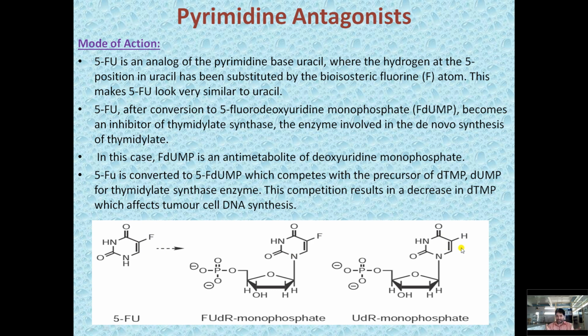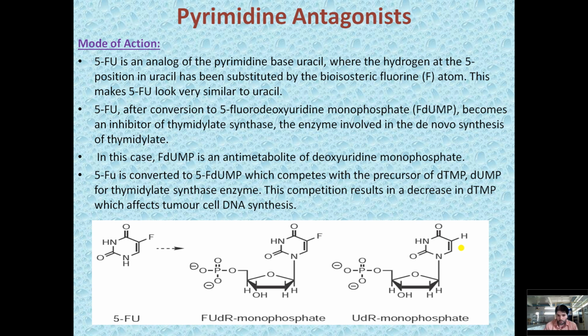So, this is the basic difference between 5-fluorouracil and uracil, but due to structural similarity, 5-fluorouracil inhibits the thymidylate synthase enzyme by binding with it in competition with uracil. So, it binds with thymidylate synthase enzyme and blocks the synthesis of DNA.